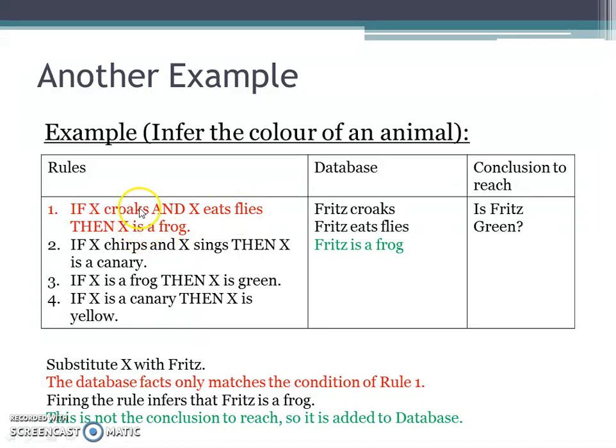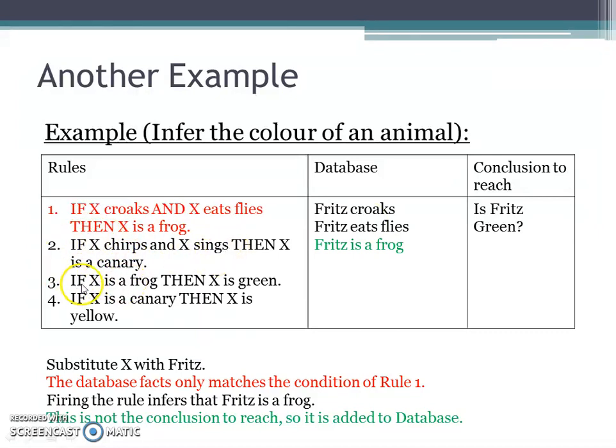Now, we check the other rules and look at the conditions, and notice that here it says if Freeze chirps and if Freeze sings. Notice the database, none of the information here, the black ones, corresponds to this condition, so therefore this condition is false. Hence this rule is not triggered.